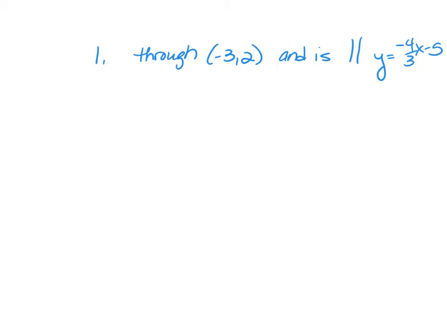All right, so just like yesterday, we build our box. m equals, b equals, y equals, okay? Well, if the line we're looking for is parallel to this line, what can we get off of this guy? The slope is the same. The slope has to be the same.